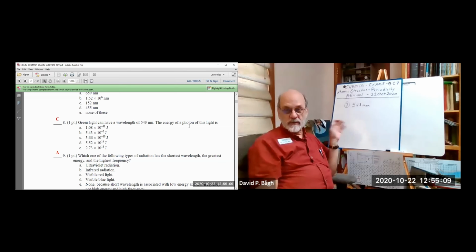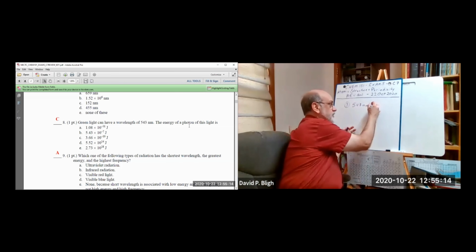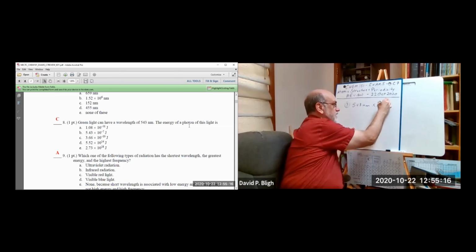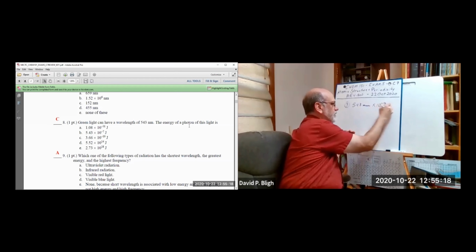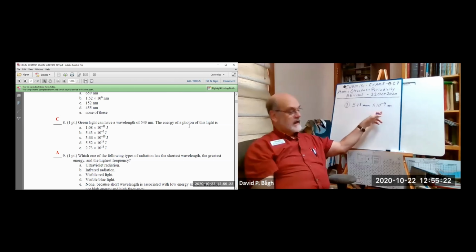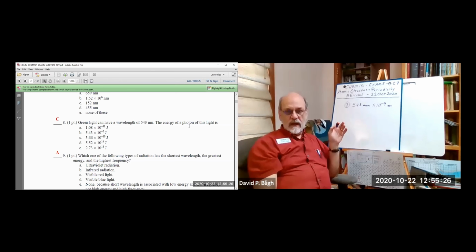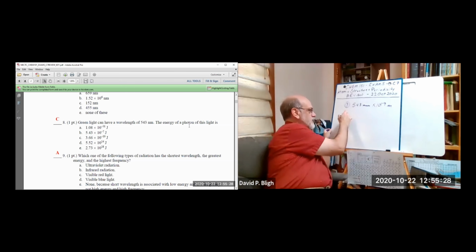So based on our dimensional analysis from problem 6, we could just say times 10 to the minus 9 meters. And that would be the wavelength. Energy, what's the energy relationship?